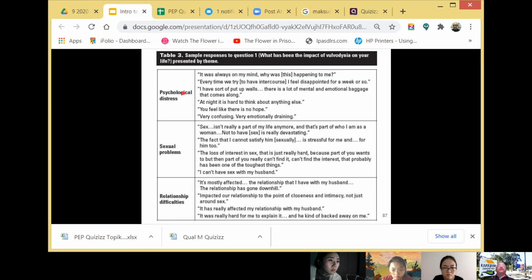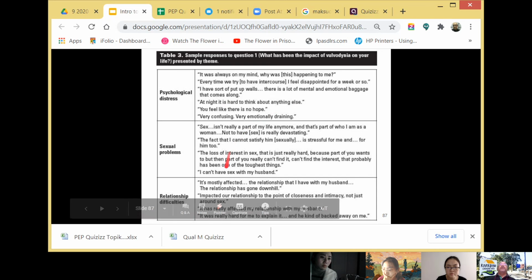Whenever you say your theme is psychological distress, you need to include the quotation to show how psychological distress happens. For example, one participant says, "It was always on my mind. Why was this happening to me?" So these are examples to show that there is psychological distress.